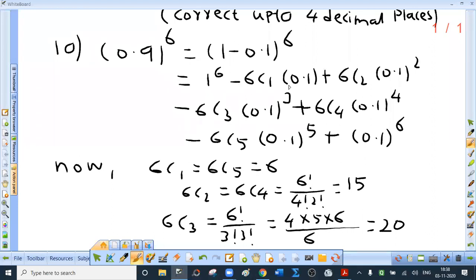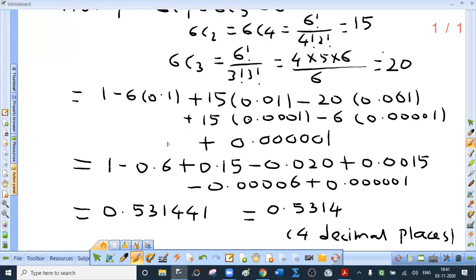So minus 6c1 times 0.1 plus 6c2 times 0.1 square minus 6c3 times 0.1 cube plus 6c4 times 0.1 raised to 4 minus 6c5 times 0.1 raised to 5 plus 0.1 raised to 6. Then I have evaluated the binomial coefficients, substitute the values and simplify. So if you substitute the values and simplify patiently, then you get 0.531441, but we have to write the answer up to 4 decimal places. So what is the final answer?